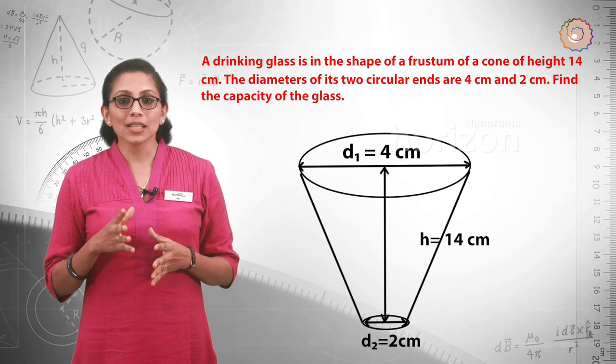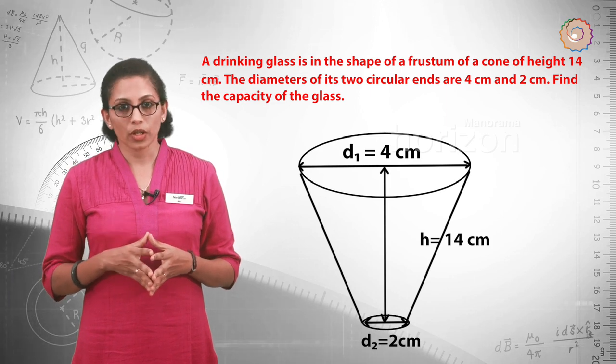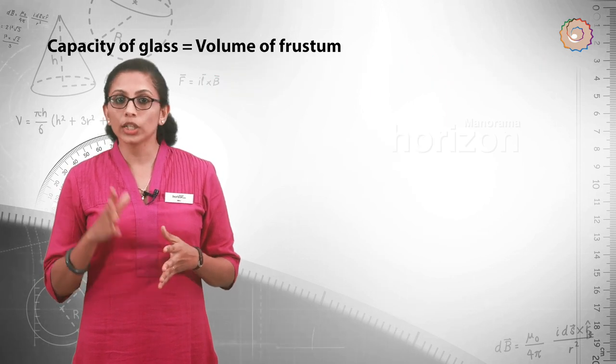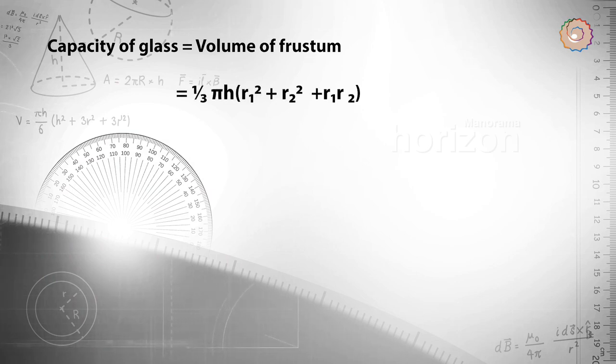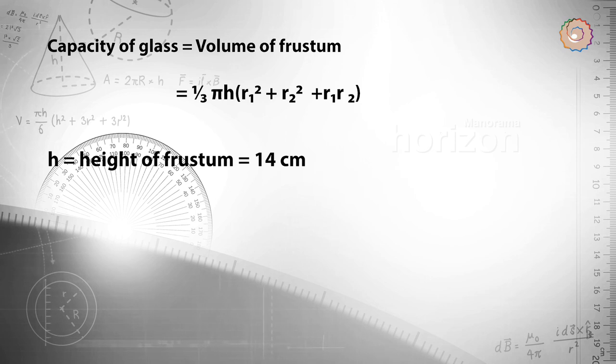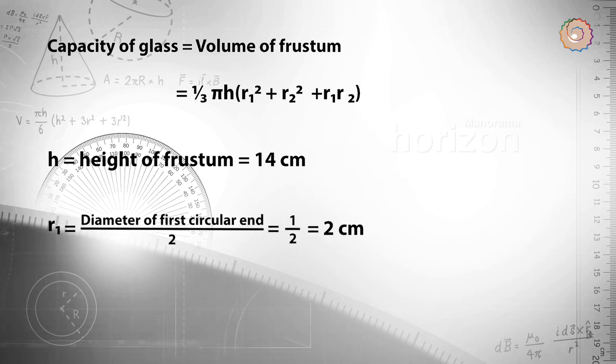Since the glass is in the shape of a frustum, the capacity of the glass is equal to the volume of the frustum, which is given by 1 by 3 pi h (R1 square plus R2 square plus R1 into R2).